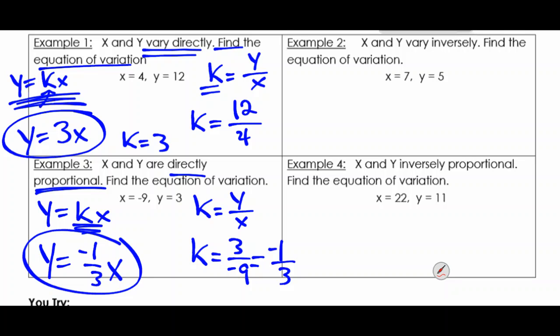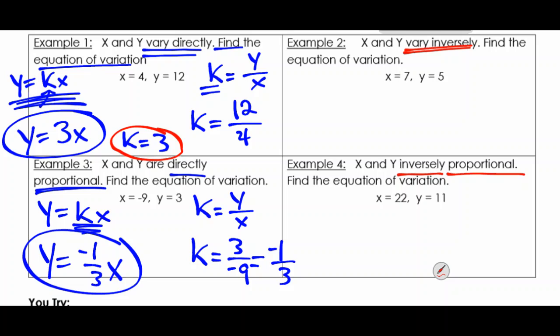Those are both direct. Examples 2 and 4 vary inversely or are inversely proportional. Proportional just means it's increasing by a factor or decreasing by a factor. Really, it just means that there's a constant as a factor, that it's not being added or subtracted, it's being multiplied or divided.